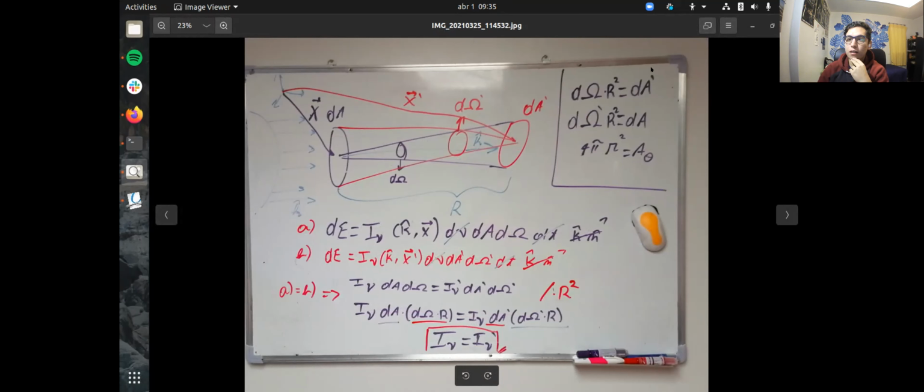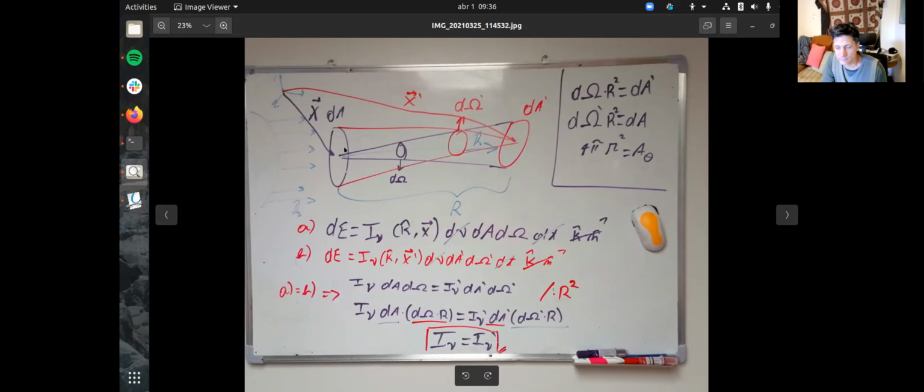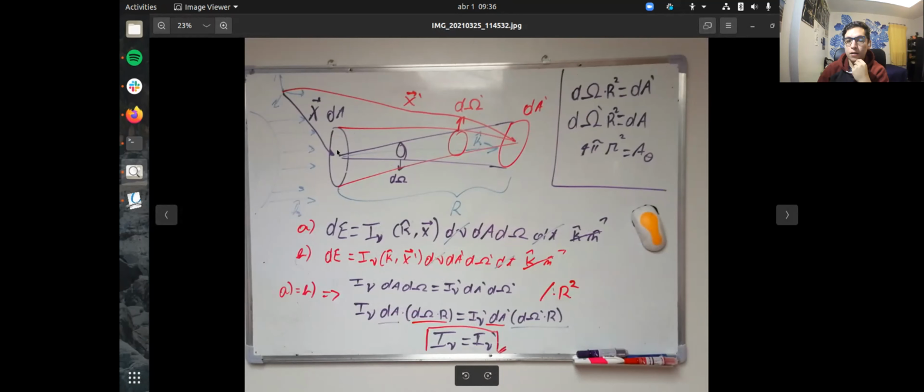So the second area element is made from the first solid angle element. As you can see here, we can move this distance, and we get the other area element. Is that clear?